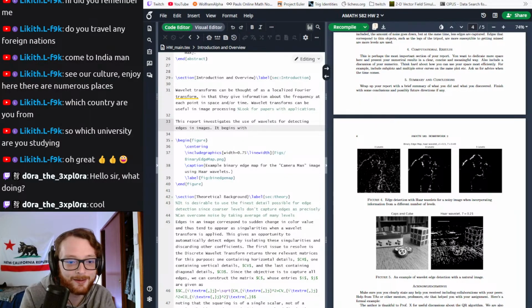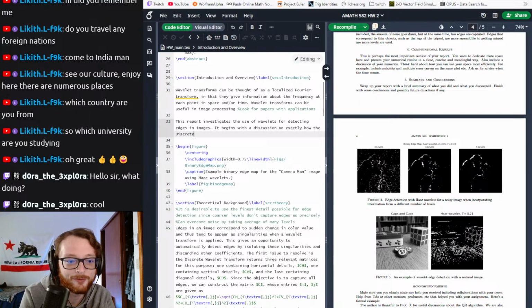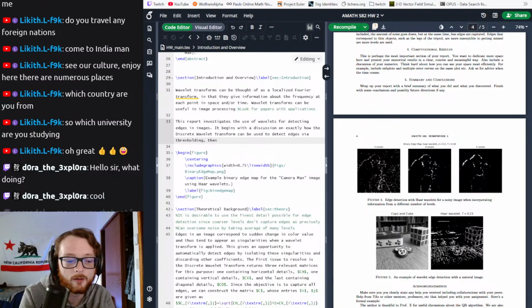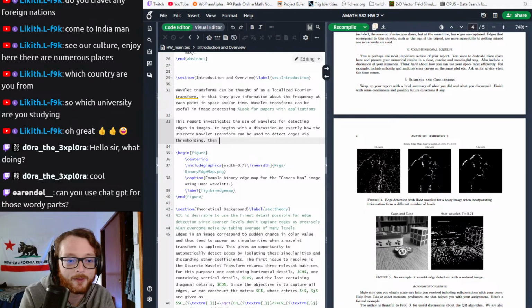It begins with not investigate. It begins with a discussion on exactly how the discrete wavelet transform can be used to detect edges via thresholding, then adjusts, then an adjusted.